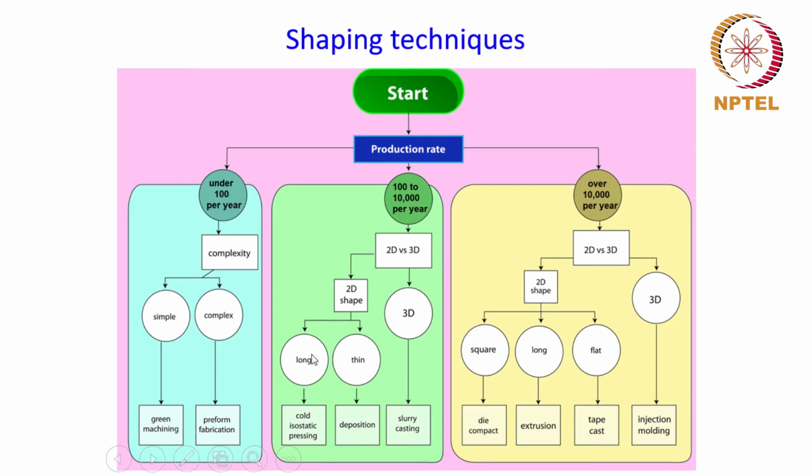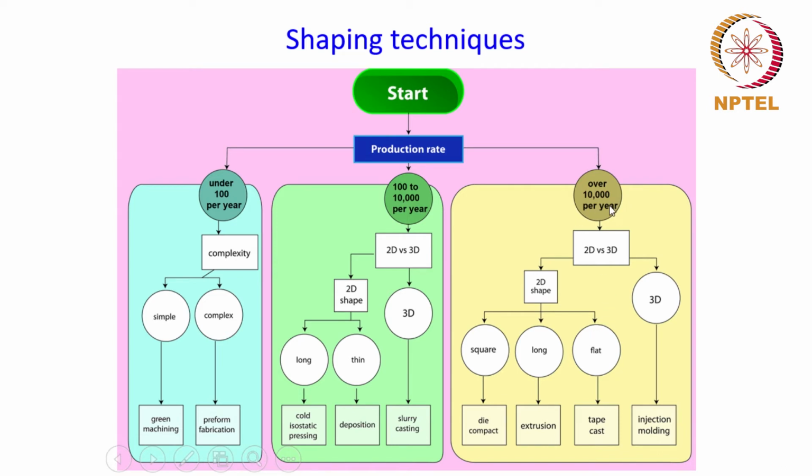For a 2D long product, cold isostatic pressing, for example, can be chosen. And for 2D thin products, deposition processes can be chosen. On the other hand, if it has to be a 3D shape, then the slurry casting process has to be chosen. So these processes we are going to take up separately and discuss in more detail.